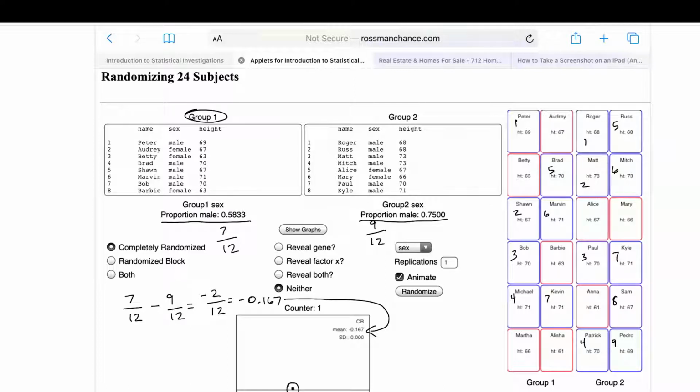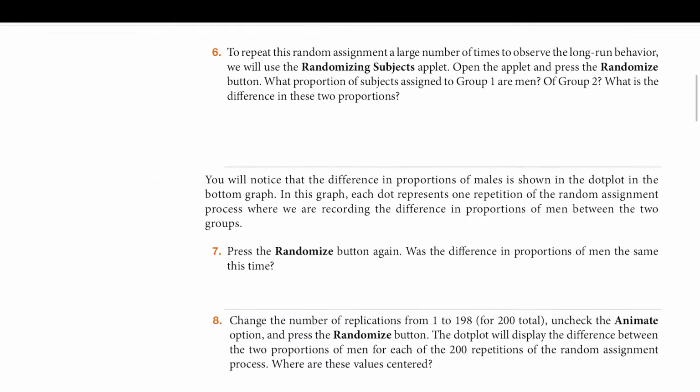So it figured out how many men in each group. It then found a proportion by taking the number of men out of 12, and then it calculated the difference in the proportion of males, and we'll come back shortly to see why it's calculating a difference.